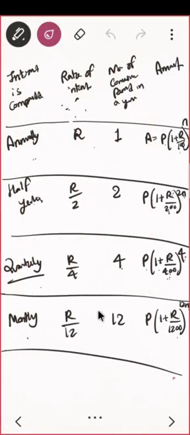Either you may use this table to calculate the compound interest, or you just find the effective interest and you just have to put it in P into R upon 100 raised to n. That's it. Once you get the effective interest, then you just have to put R upon 100 raised to n. I hope it is clear to you.